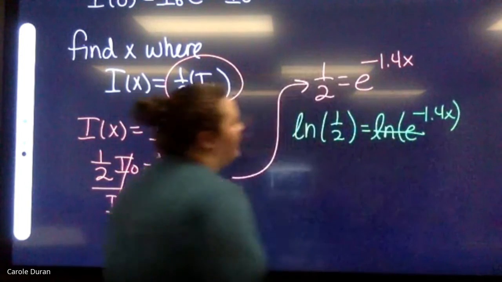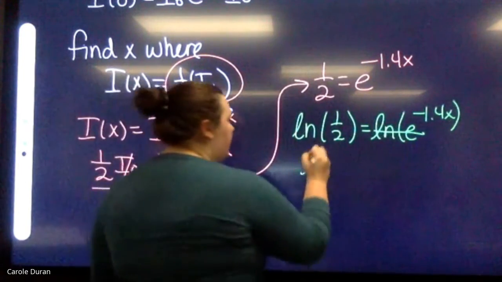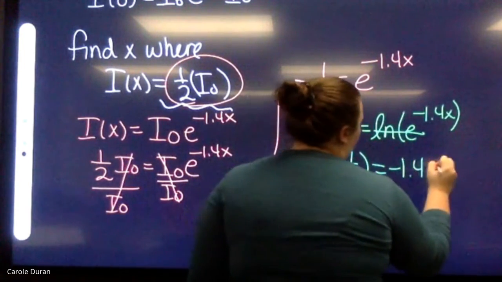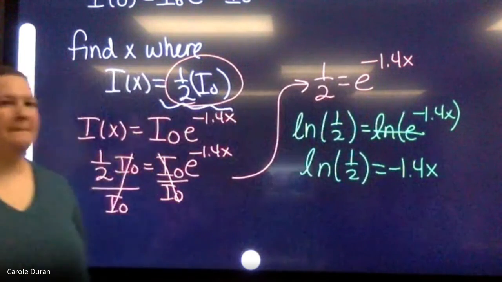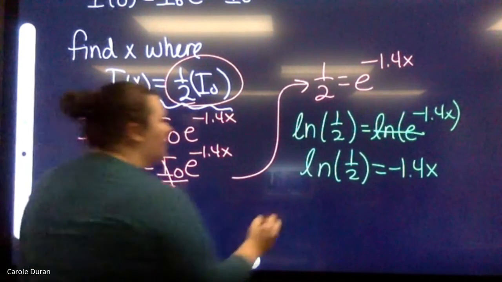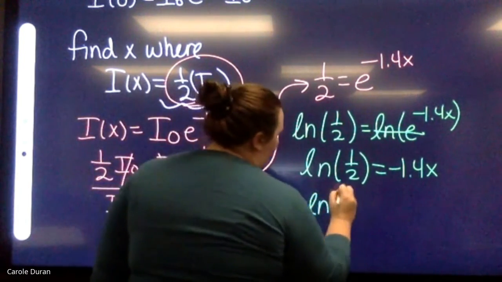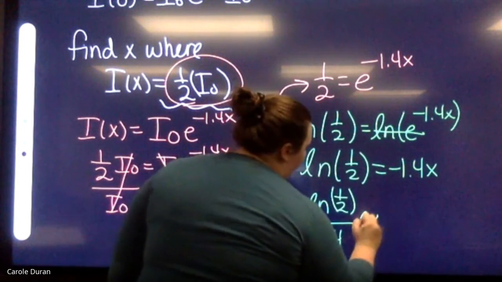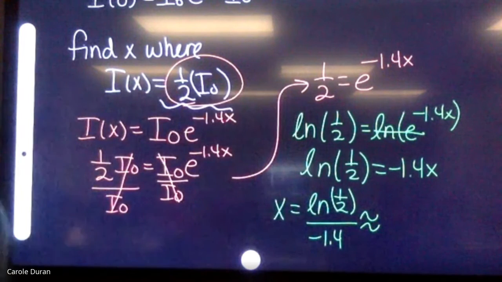The natural log and the e cancel, leaving the natural log of 1/2 equals negative 1.4x. To get x by itself, I divide by negative 1.4. So x equals the natural log of 1/2 divided by negative 1.4, and I can put that into my calculator.